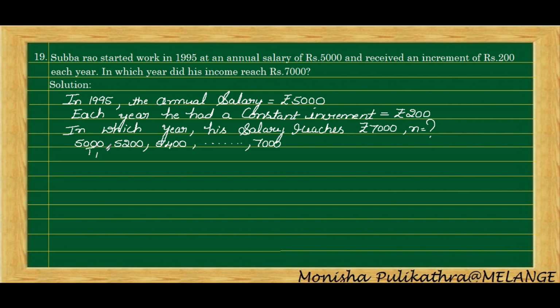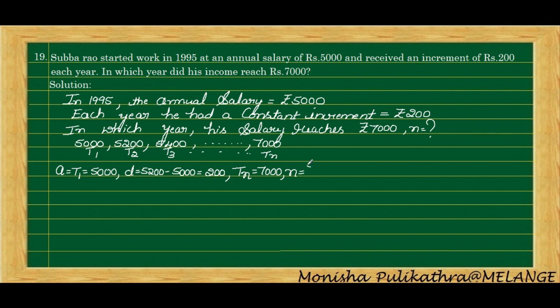So this will be T1, this is T2, this is T3, up to Tn. Okay, the first term is A is equal to T1, that is 5,000. Next the common difference is 5,200 minus 5,000, that is 200. Next the nth term, that is the last term, is 7,000.